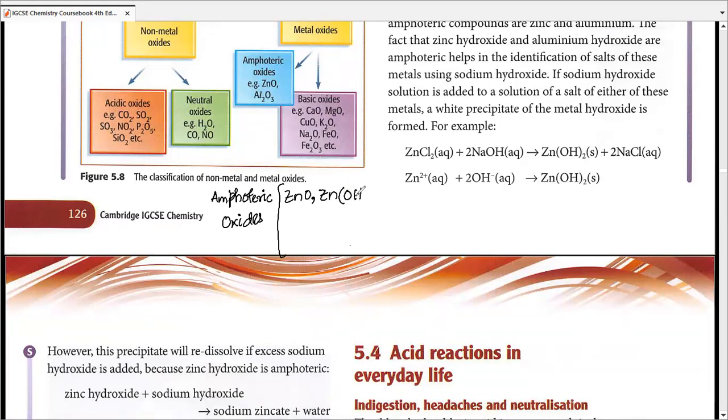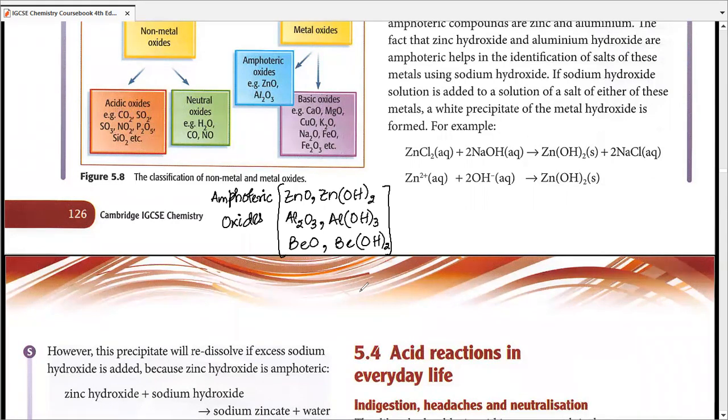Since we are talking about both oxides and hydroxides, I am going to write all possible examples that can be a part of IGCSE or have been a part of IGCSE. So these are six compounds which have been a part of IGCSE before.